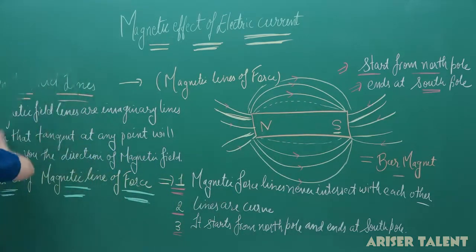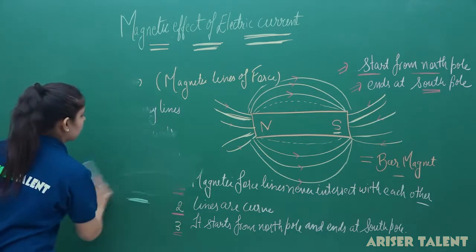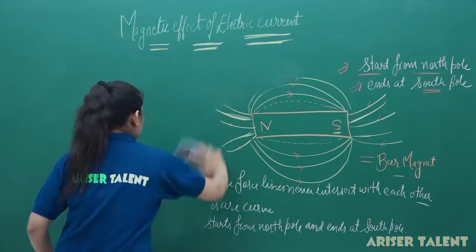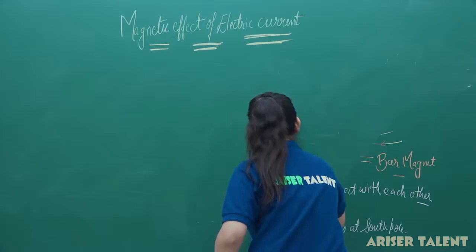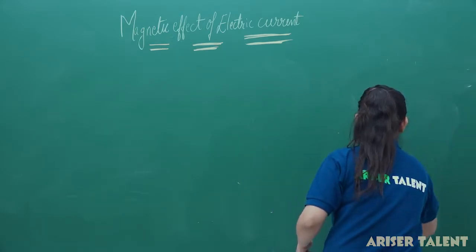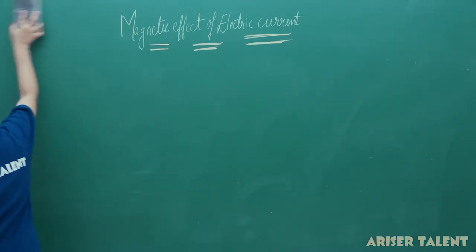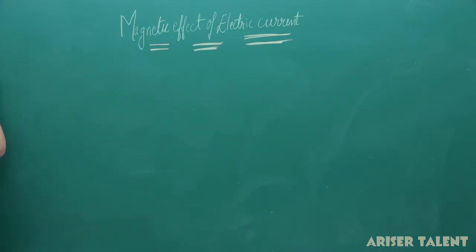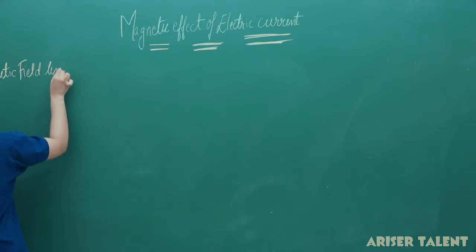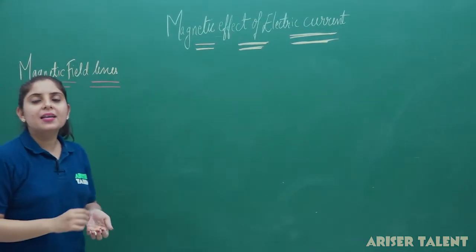So we are discussing the magnetic field lines in the case of different magnets. Firstly, we can see the magnetic field lines in the case of the bar magnet.